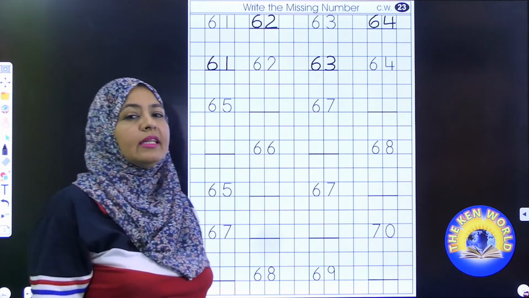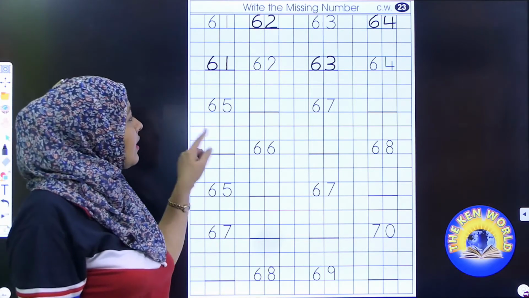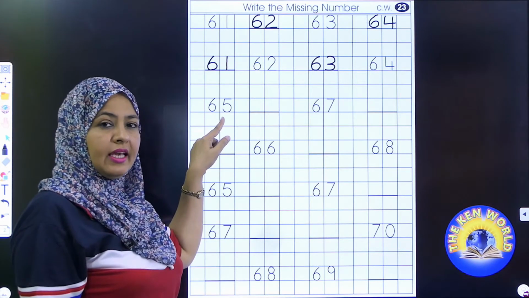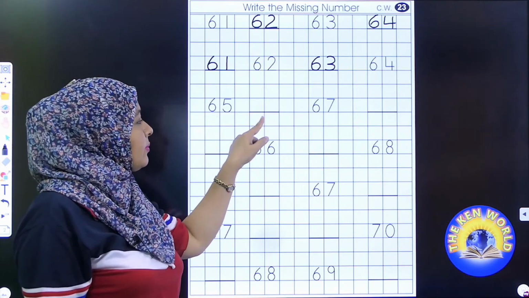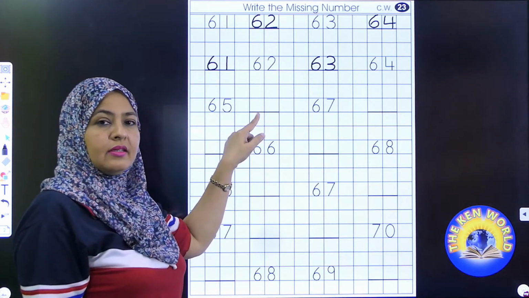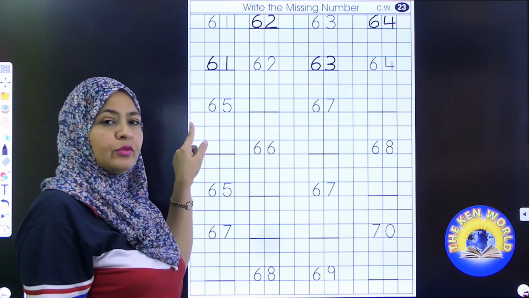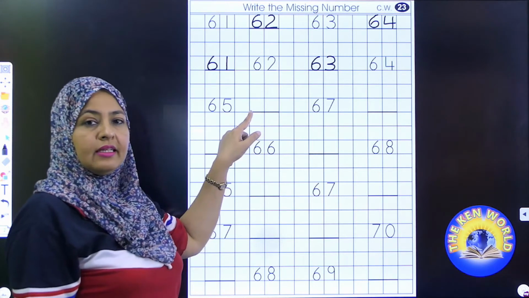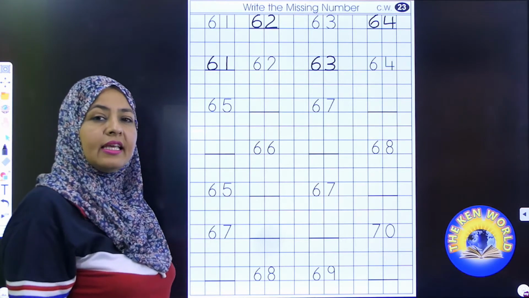Now come to the next row. Here we have number 65. Yes? And the next number is missing. To fill it, you have to tell me what comes after 65. Exactly 66.